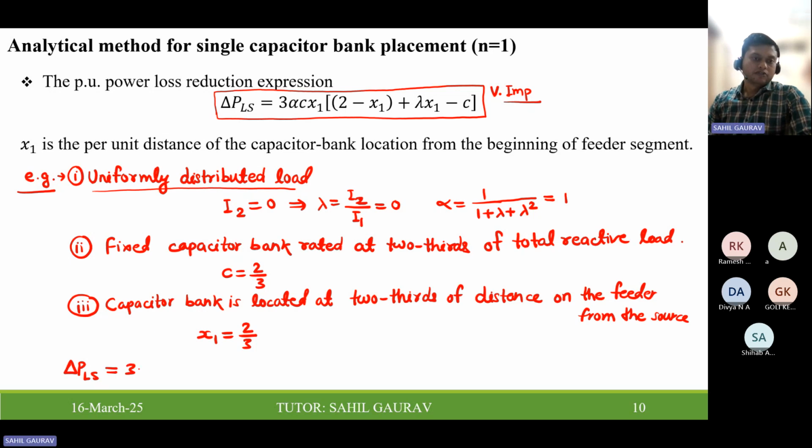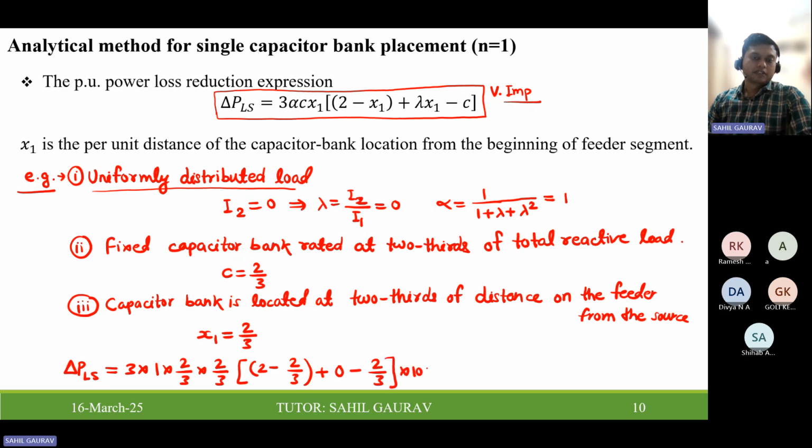So 3 into alpha is 1, C is 2/3, and x1 is 2/3, and 2 minus x1, so x1 is 2/3, plus lambda x1, so lambda x1 is 0, minus C, which is 2/3.